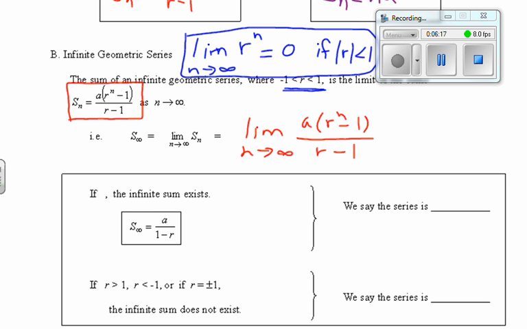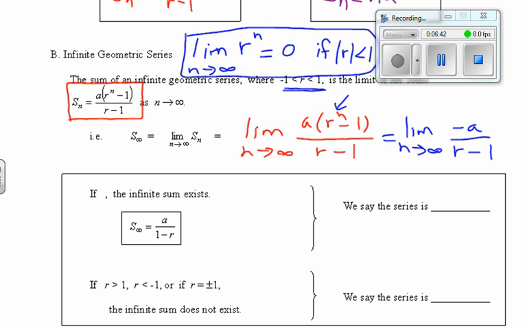So what's going to happen to our limit when r is tiny? Can anybody tell me what's going to happen to that term? It'll become 0. So what will be left? What will be left? Limit as n approaches infinity of -a over r minus 1.